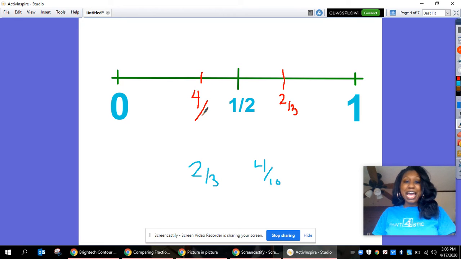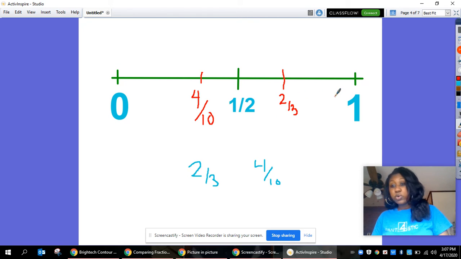So when we're looking at these fractions, we're trying to figure out which one's larger and which one's smaller so that we can settle this argument between Jacoby and Bob to decide who ate more cookies. What do you think? I think Bob ate more too. His 2/3 is larger. It's closer to 1.